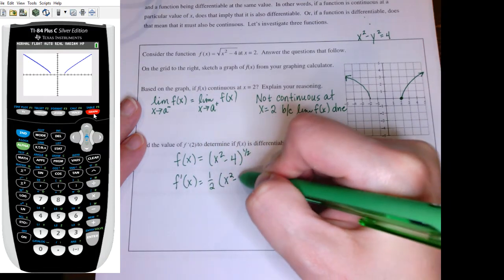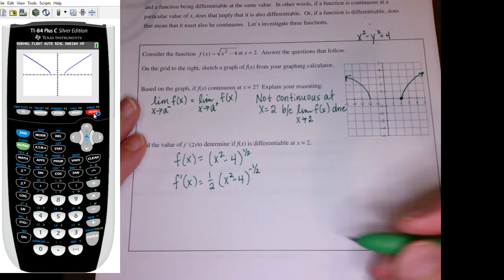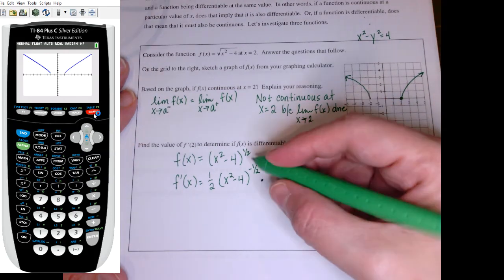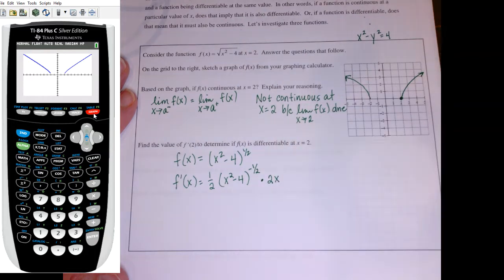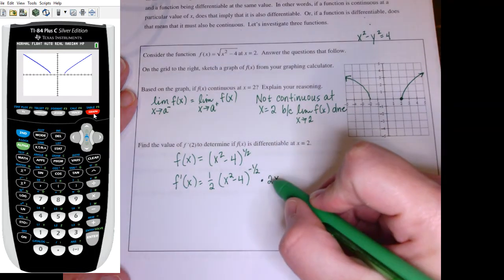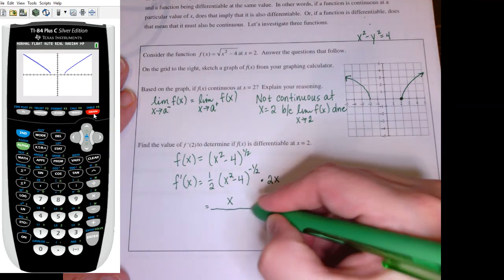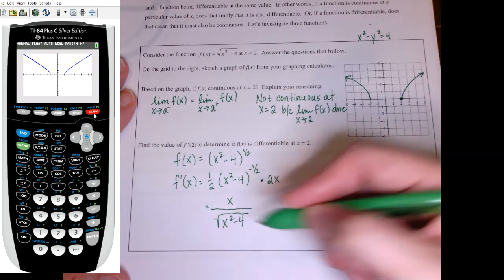I'm going to decrease the power by 1. And then I'm going to multiply by the derivative of the inside. So the derivative of x squared minus 4 is 2x. Clean it up just a little bit. Notice your 2's cancel. So you have x on top, and you have this square root of x squared minus 4.